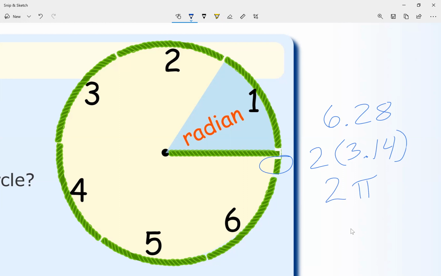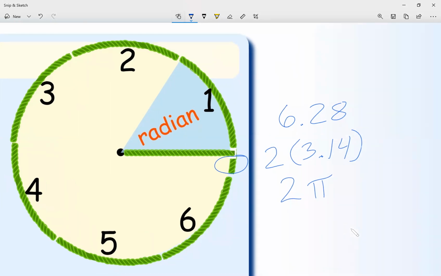Radians is basically the measurement in radius. So 2 pi is equal to 360 degrees.